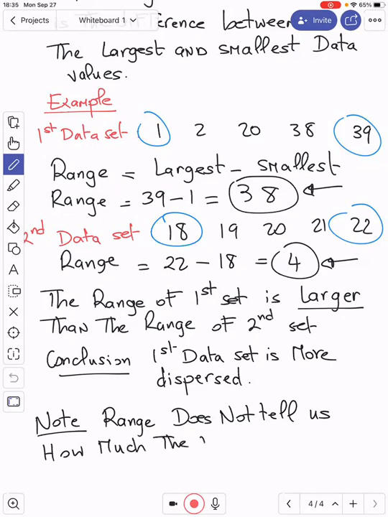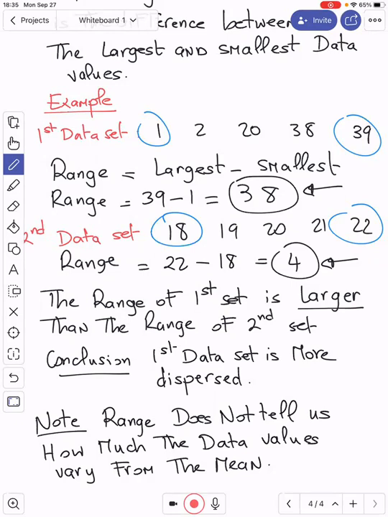Anyway, that's the range. That's our first measure of variation.